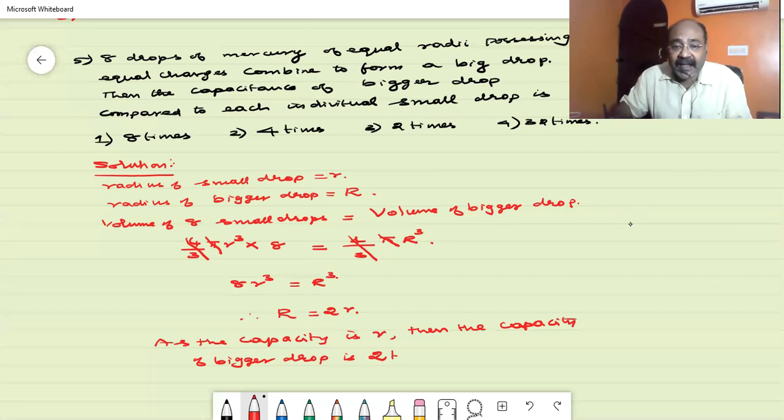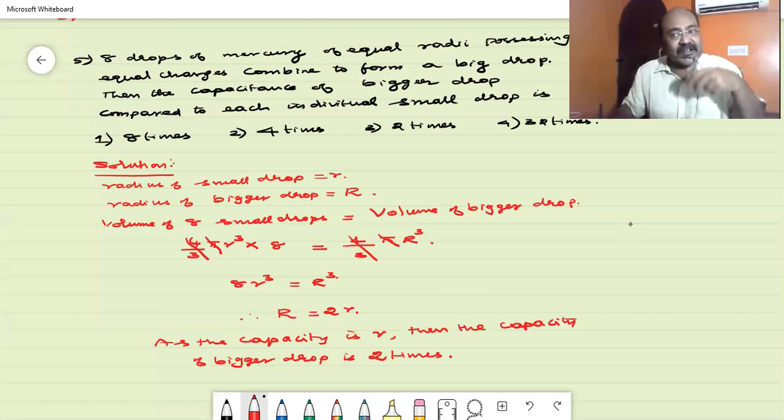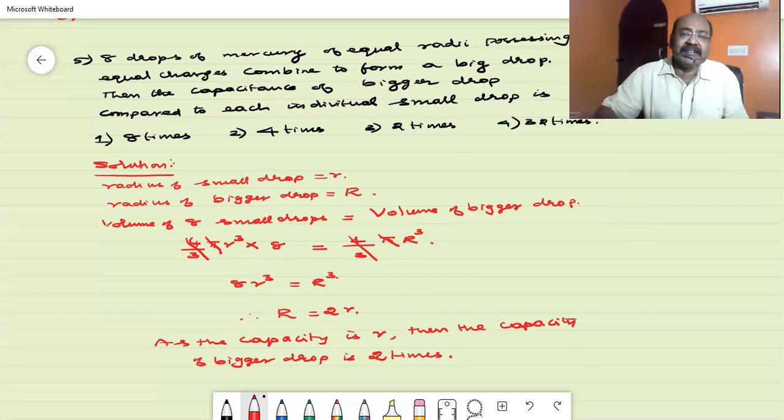So we can say it is 2 times that of the smaller drop. If the smaller drop has the capacitance C, which is taken to be its radius, then the capacitance of the bigger drop is 2 times the capacitance of the smaller drop. So what will be your answer then? The answer is option number 3.